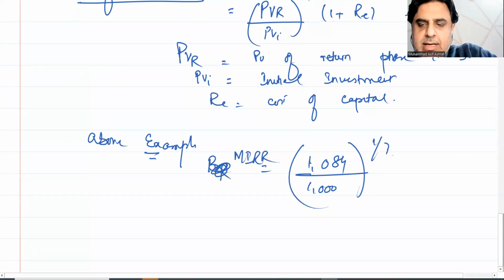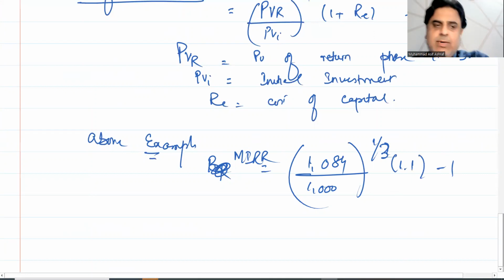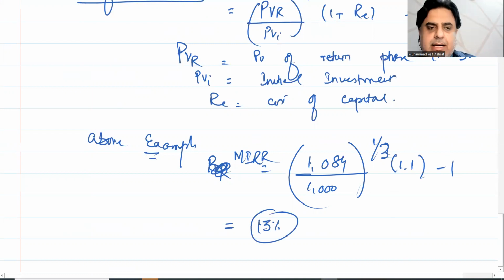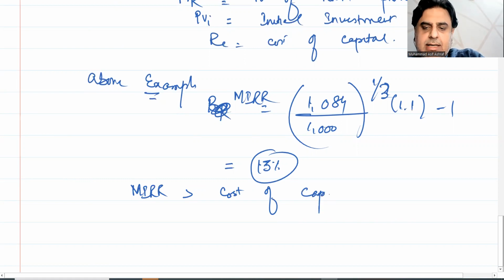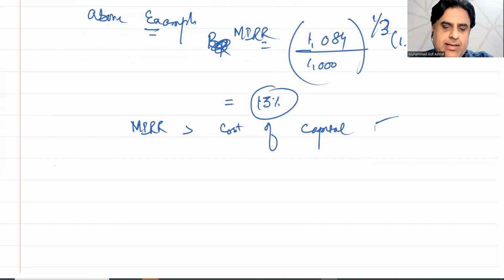One by 3 into the discount rate, 10%, minus 1. So this is almost equal to 13%. Again, the criteria is the same: any project whose MIRR is greater than cost of capital is acceptable to you. Let's have another example.